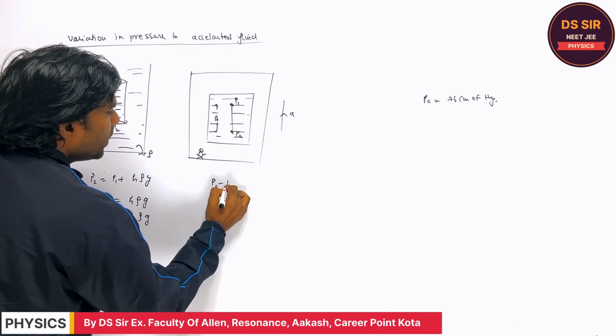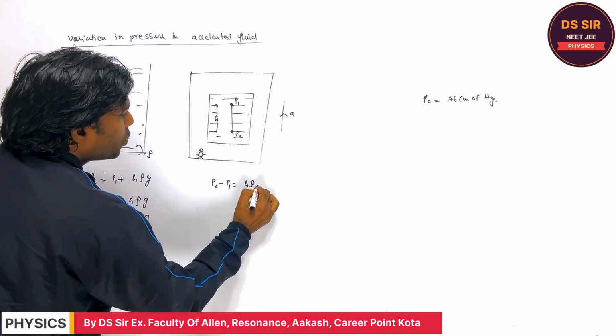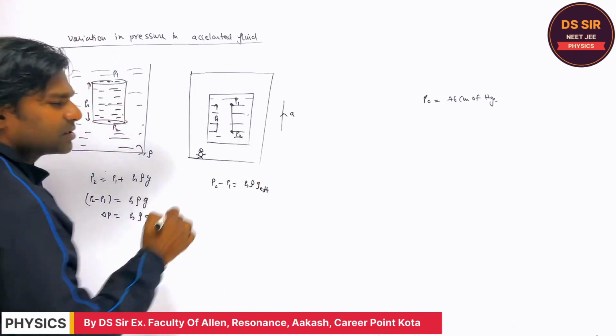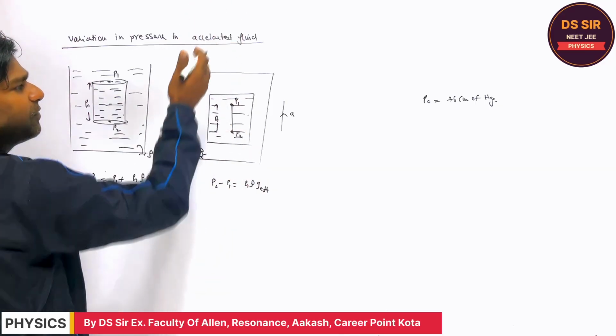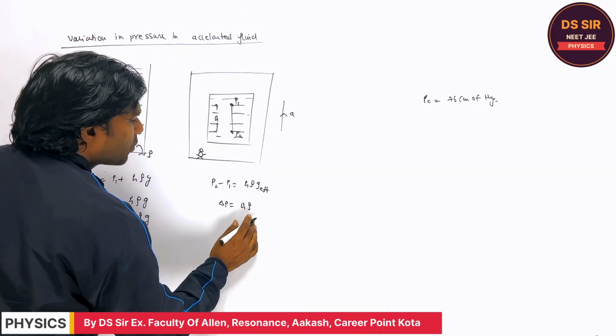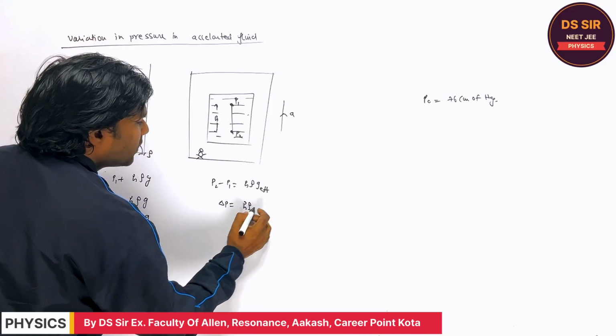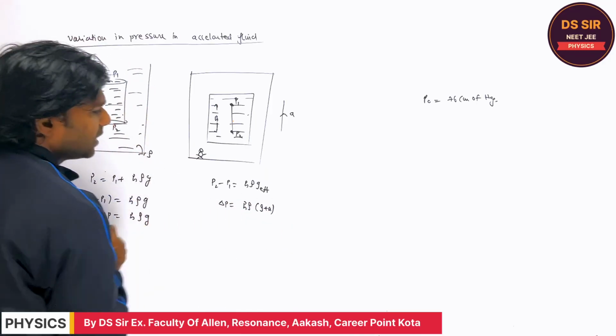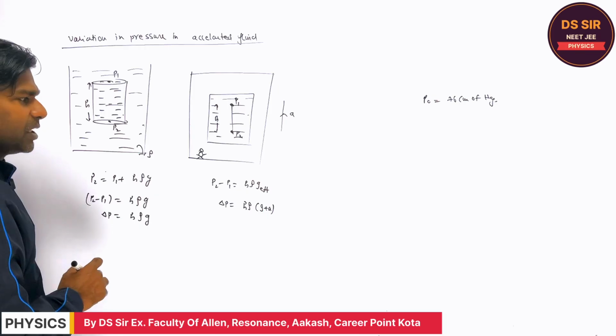P2 minus P1 will be equal to H rho G effective in this case. Therefore, if the lift is accelerated, G effective will be equal to G plus A. I think you know this very well. Is it clear or not?